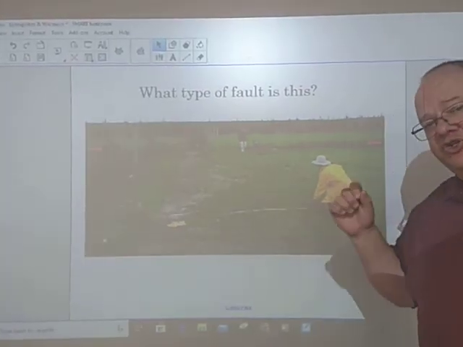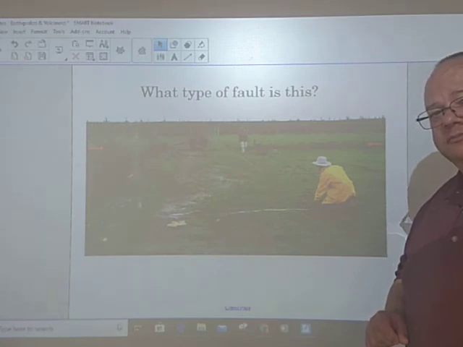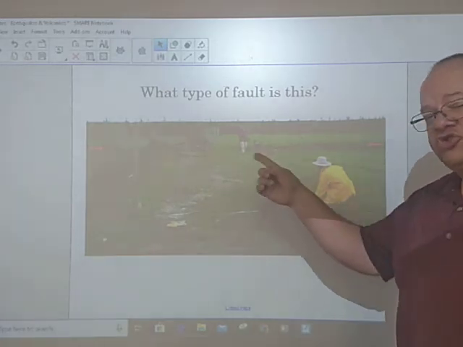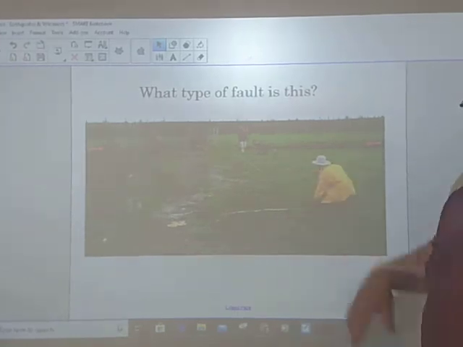Your choices are strike slip fault, normal fault, reverse fault. I hope you said strike slip. Looks like the motion is mostly horizontal, not much vertical.